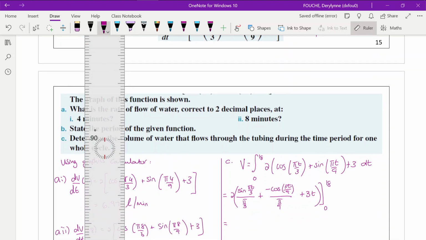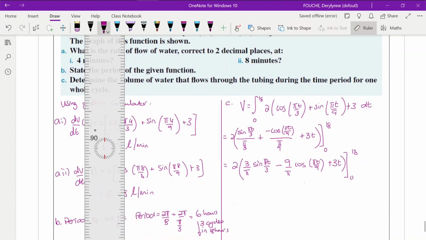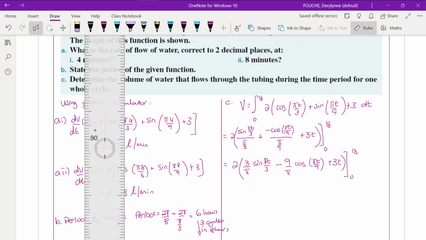And I can just neaten that up a little bit, so I have 2 times 3 on pi of sine pi t on 3 minus 9 on pi cos of pi t on 9 plus 3t, and that's going from 0 to 18. I think it's easy to multiply the 2 in first, so we have 6 on pi sine of pi t on 3 minus 18 on pi cos of pi t on 9 plus 6t, and that all goes from 0 to 18.